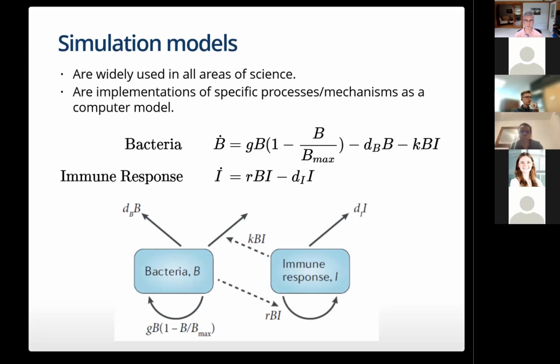So here's a simple model that you've encountered in some of the lectures where we just modeled two entities, bacteria and immune response. And on the right-hand side, you see these mechanisms in simple forms. Bacteria can grow, they can die, they can be killed by the immune response. So that is the hallmark of the kind of models we're looking at here, that you have models that have mechanisms, of course, in an abstract form, right?